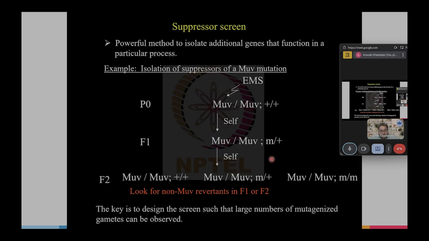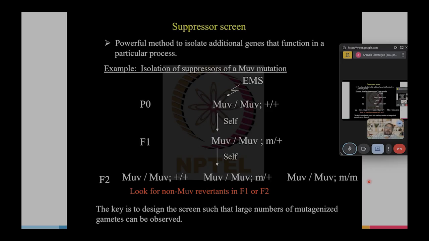You then self it again, and this will follow Mendelian genetics, and you would end up with two mutant alleles with multivulva, and then another mutation somewhere in the genome. So now you look for phenotypes in this. What do you look for?